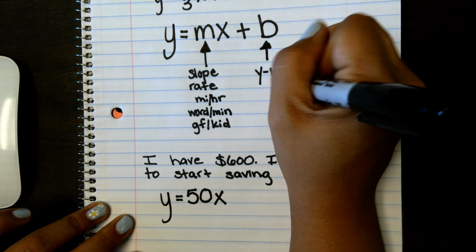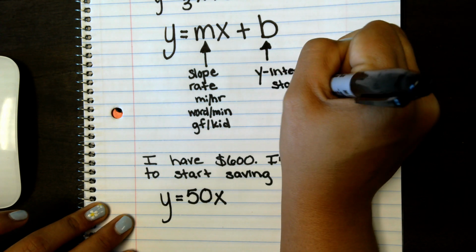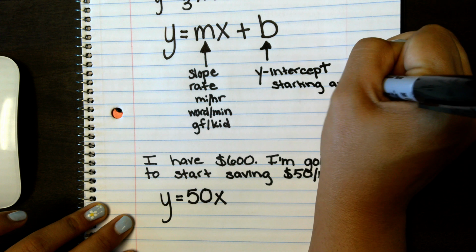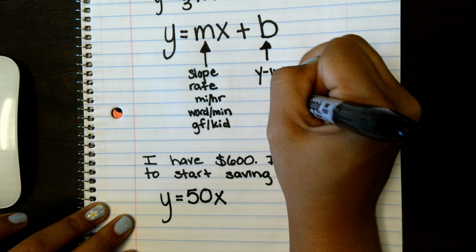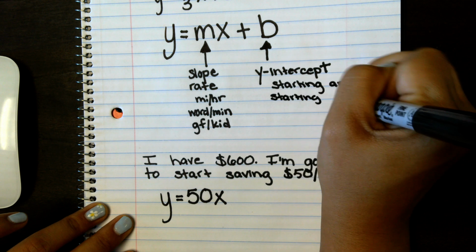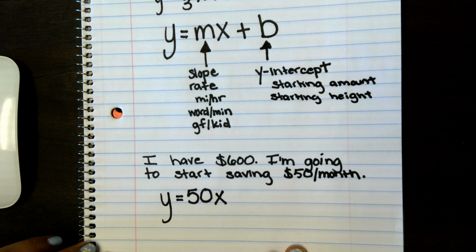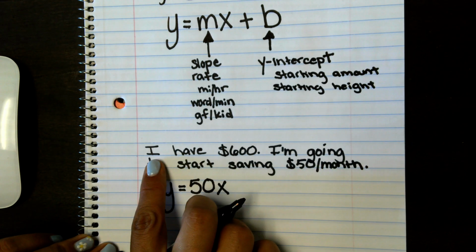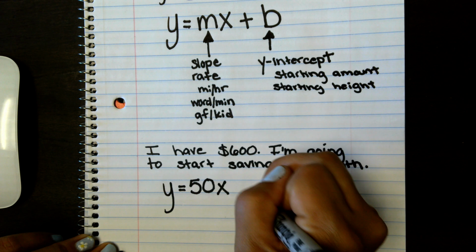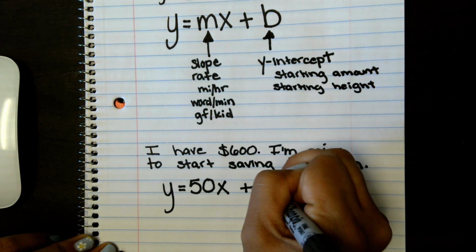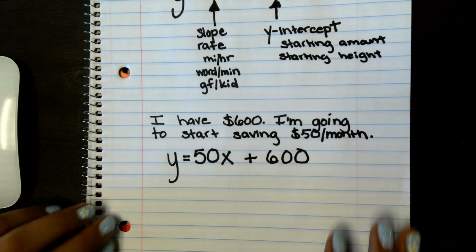Y-intercept typically deals with a starting amount, maybe an amount of money, or it could be a starting height. Whatever you start with. So in the case of this situation, I have $600. We start with $600. So that would be plus 600. That is your equation.